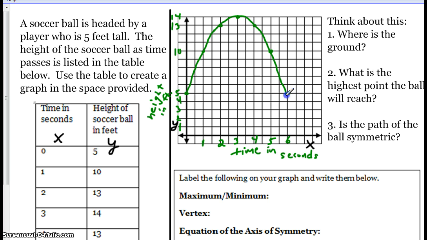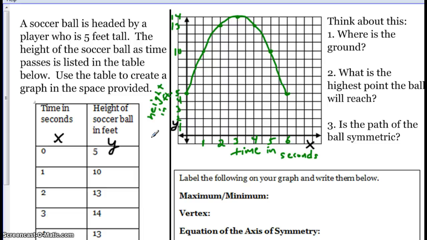And then this shape is a parabola. You probably remember that from Algebra 1. This shape has a parabola shape. It's a quadratic, and one application, one place we see parabolas is in sports.